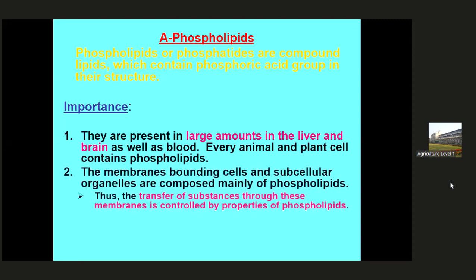So the cellular and subcellular membrane is composed of phospholipids, because the transfer of substances through this membrane is controlled by the properties of the phospholipid. Whether potassium or sodium will enter into the cell or not will depend on the properties of the phospholipid.